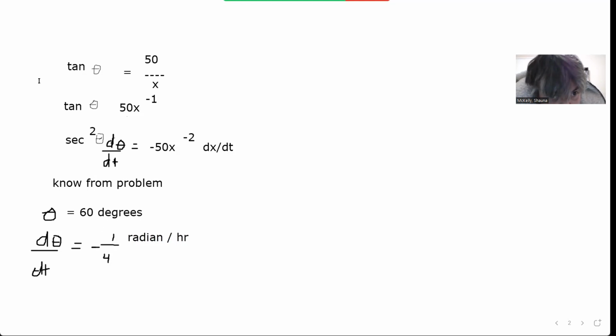Okay, you have to have consistent units. So the first pitfall is that 60 degrees is going to equal pi over 3 radians. Now, how did I get that?